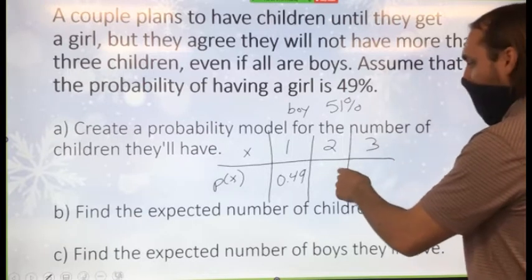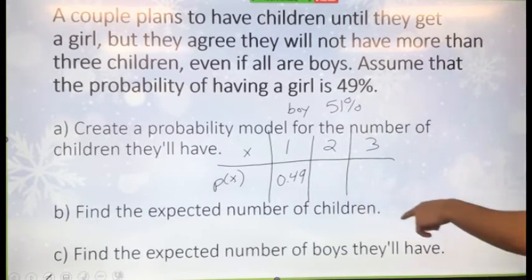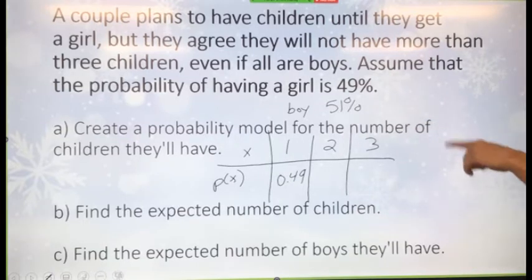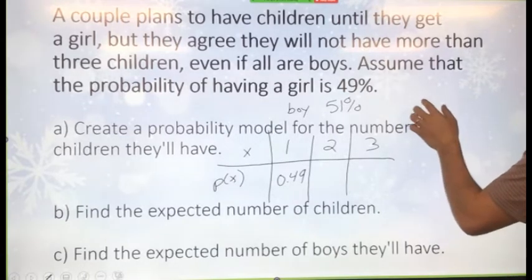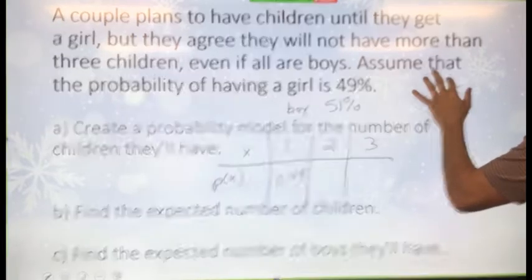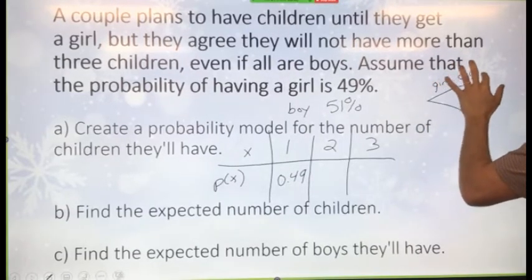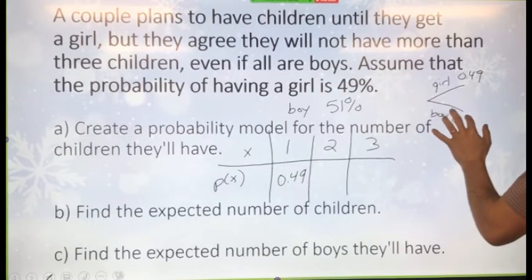How can I calculate the probability of that happening? Multiply, right? A boy and a girl. Actually, you can work out the tree. So I had girl was 0.49. Boy was 0.51.